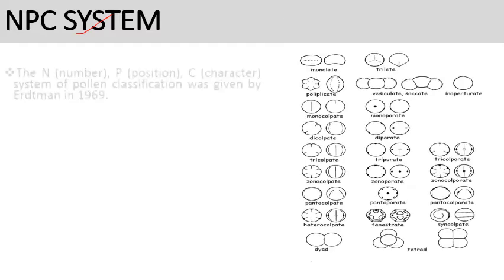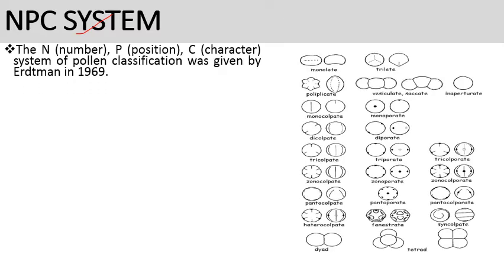We have one system named the NPC system for pollen classification. The N stands for number, P stands for position, and C stands for character. This is a vast topic. I will not go into detail of this topic; we will discuss it briefly. This NPC system of pollen classification was given by Erdtman in 1969.